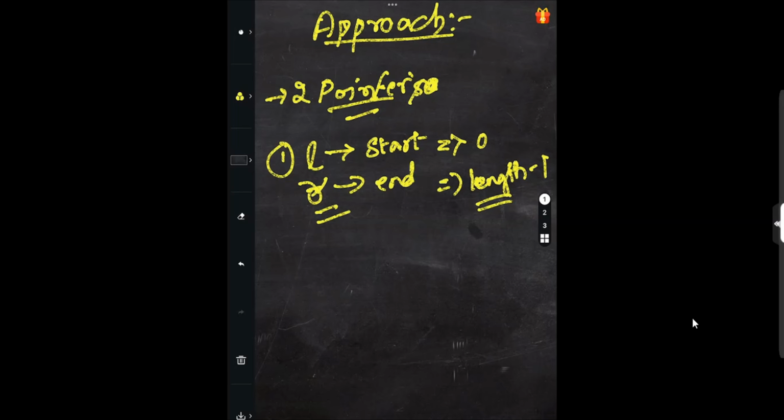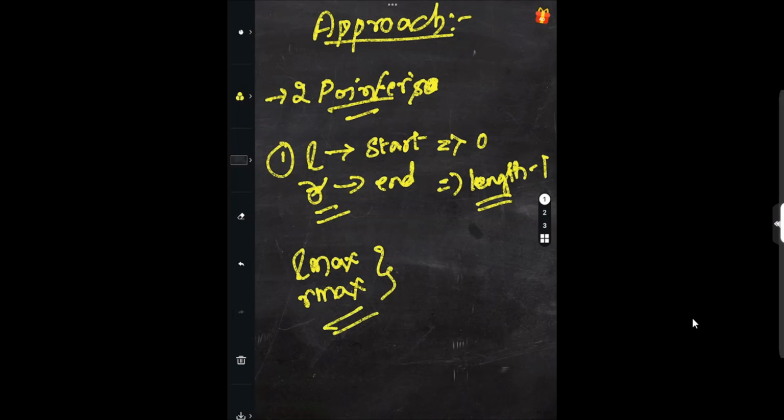We have to keep track of the maximum heights seen from both left and right, nothing but left max and right max.